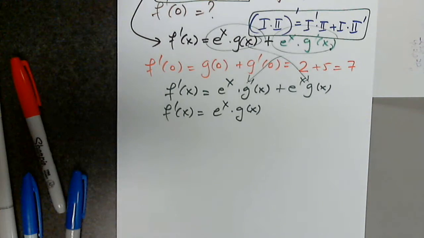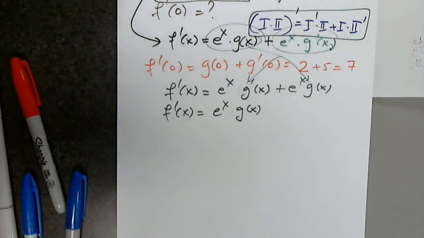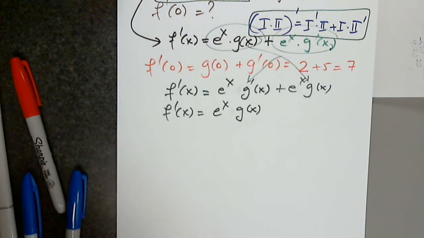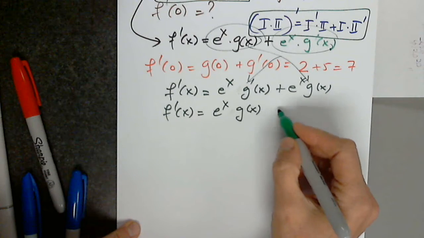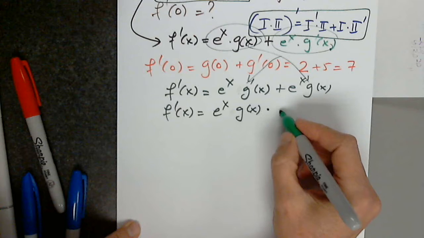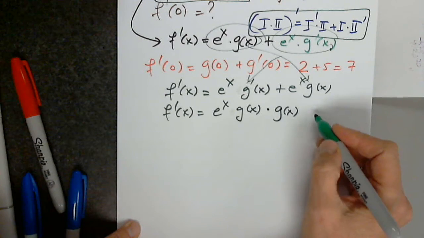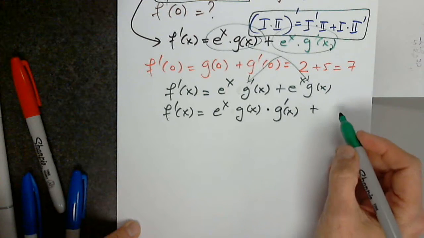Sorry about that. Okay, so then g of x would be g of... So you want plus, you want minus, so now you want a dot. Times g of x, with g prime of x, sorry. And then plus.